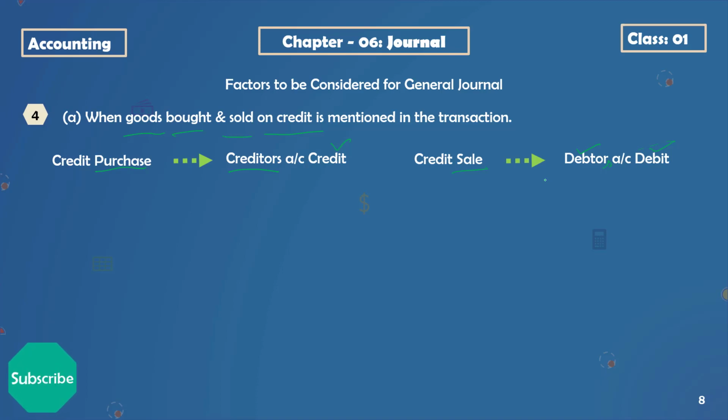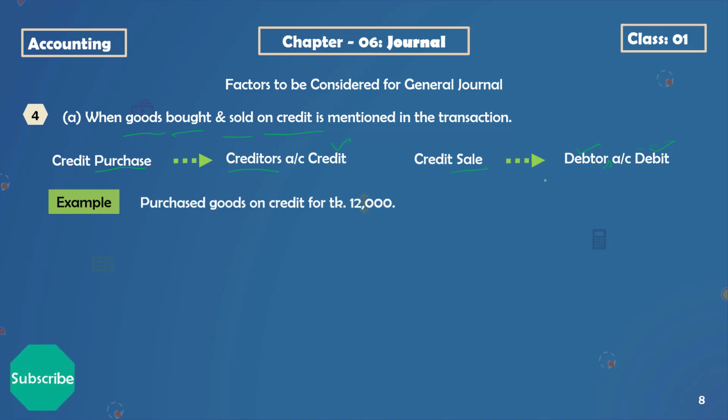So the rule is, for credit purchase, you have to credit creditors, and for credit sale, you have to debit debtors.